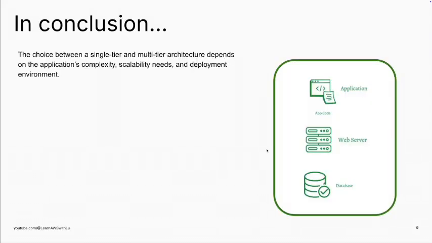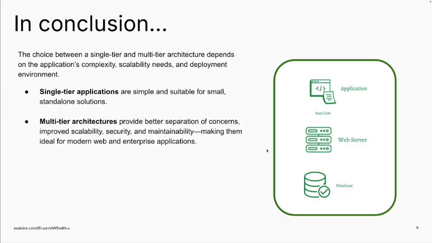So in conclusion, the choice between a single tier application and a multi-tier application depends on the kind of application you're building, those who are behind these developments, and the kind of environment you want to deploy it to. Single tier applications are simple and suitable for small standalone solutions, while multi-tier applications provide better separation of concerns and improve scalability, security and maintenance.